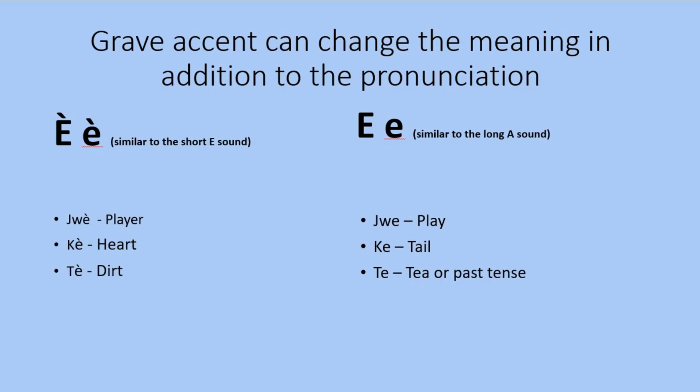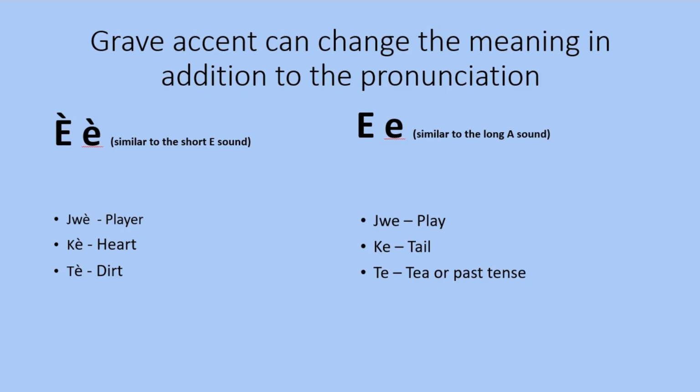So here we have jouer, right? Jouer, J-W-E, means to play, okay? You have a child, they're complaining, and you say, go play with your toys, okay? Al jouer ak jouetou, okay? Once that E has the accent, it no longer means play, it means player, right?